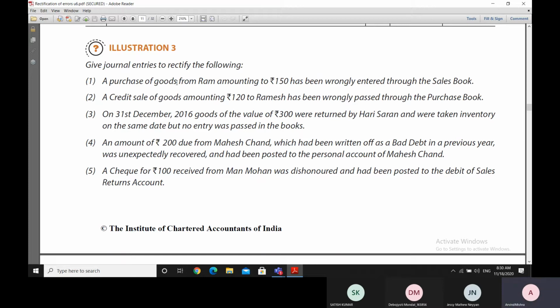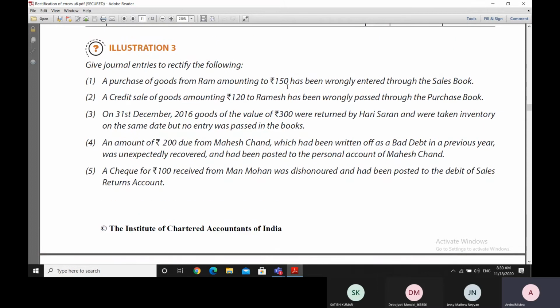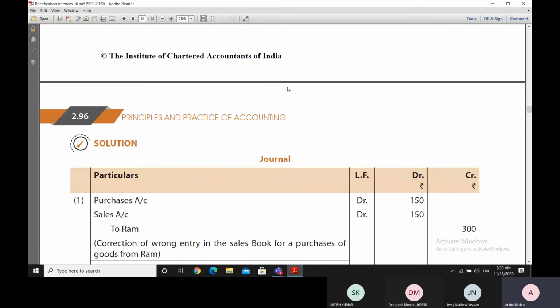Instead of taking it through the purchase book, it has been taken through the sales book, which means that although it is a purchase, the purchase account should have been debited here, but by mistake the sales account has been debited. Taken through the sales book means we can assume that the sales account has been debited in this case.